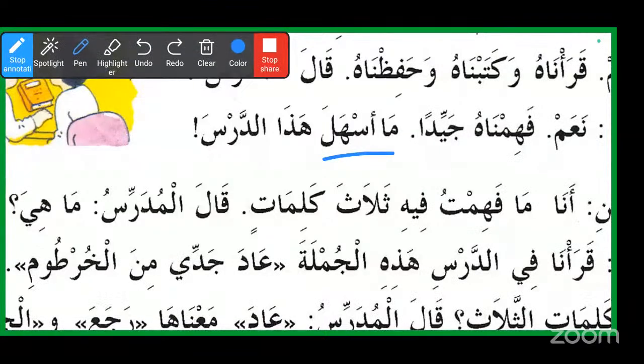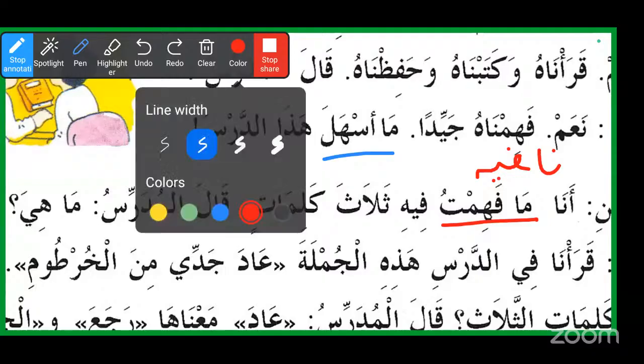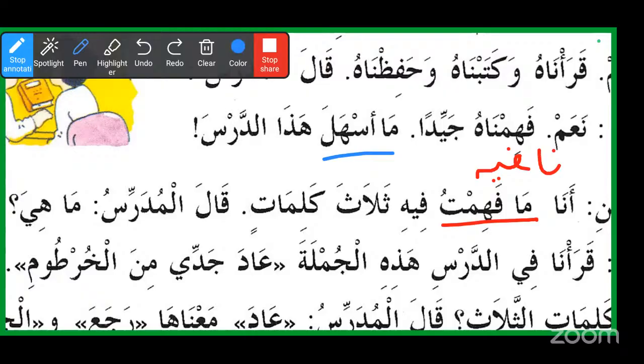This is ta'ajjub. And the other one, ma fahimtu, I did not understand. This is called ma nafiya. The ma that is giving us the nafi, the negation. And here we have got the other one, ma hiya.